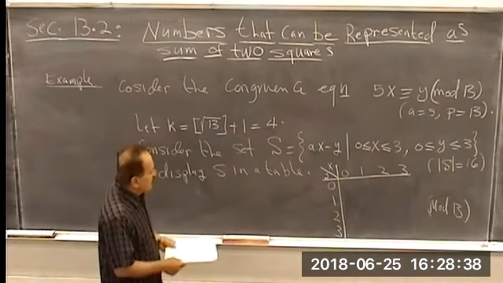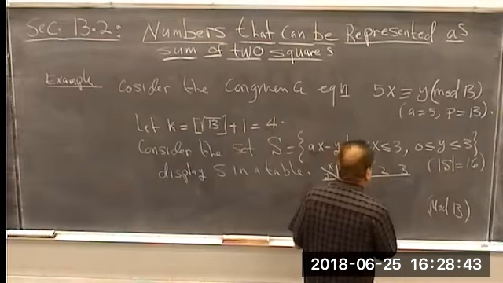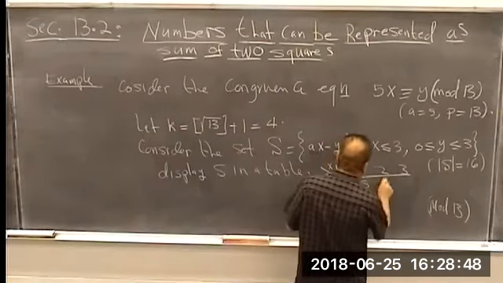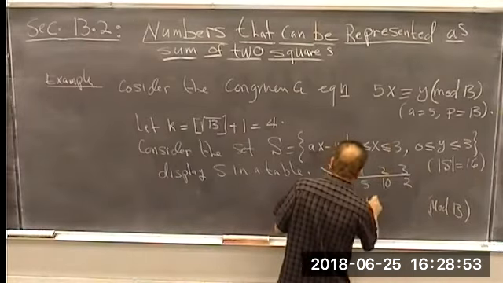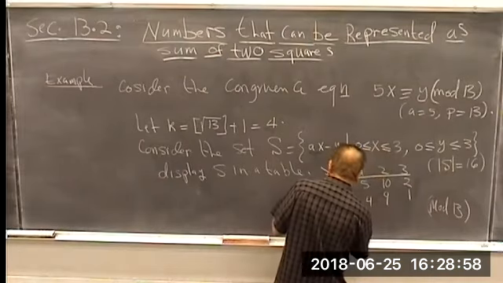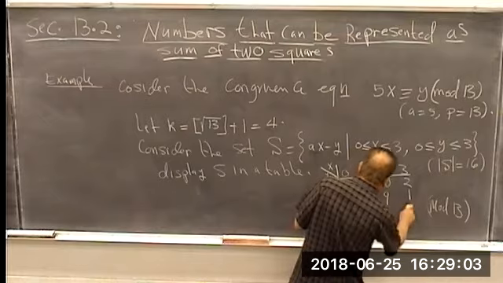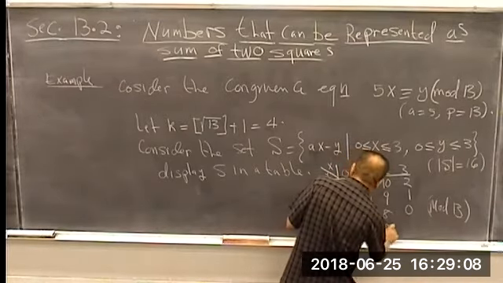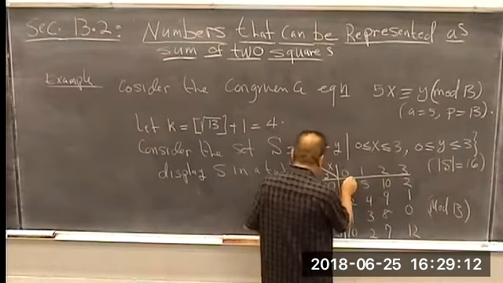What we get when we reduce the table mod 13 is 0, 5, 10, 2, 12, 4, 9, 1, 11, 3, 8, 0, then 10, 2, 7, and 12. You will see that we have the 0 in here twice.